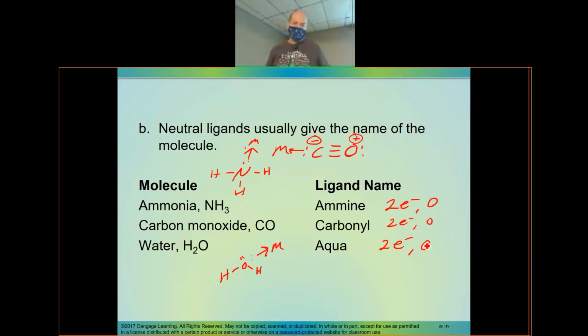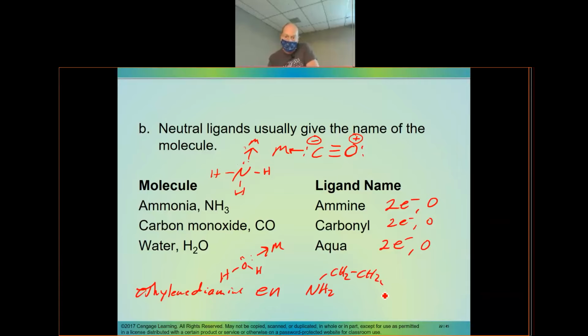Now the difficult one is ethylene diamine. They're going to write en. And so you need to know ethylene diamine is NH2, CH2, CH2, NH2.